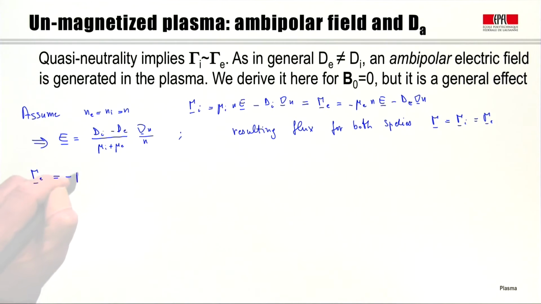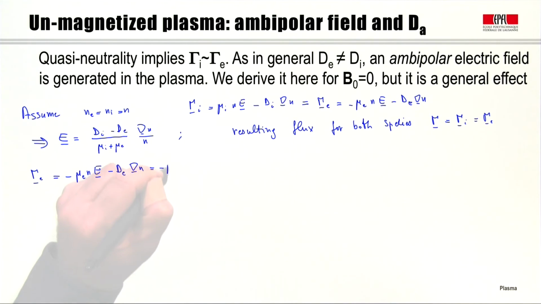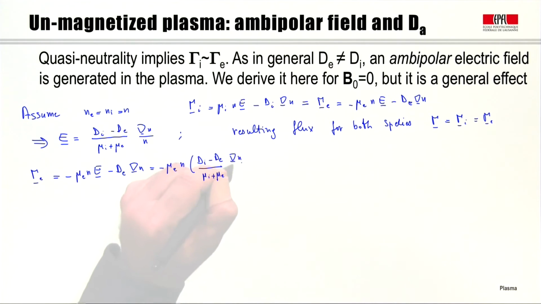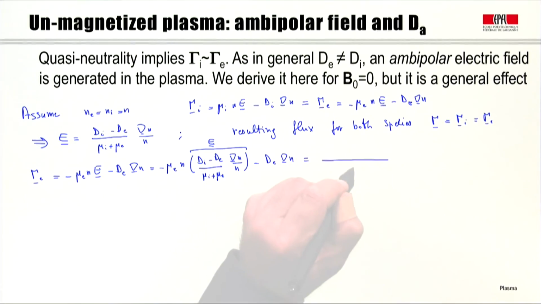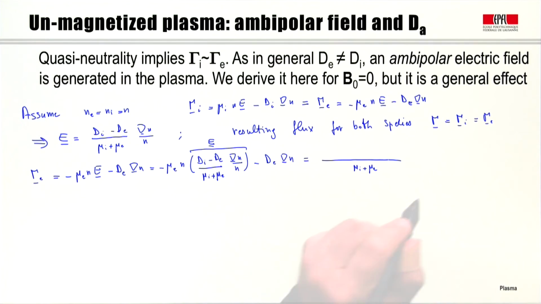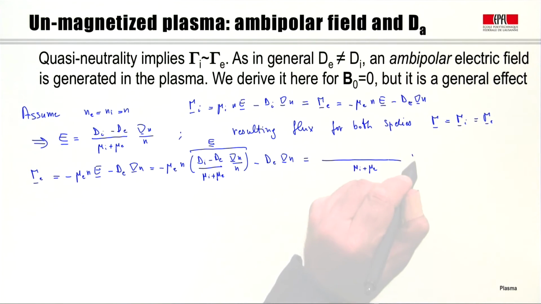So I have minus mu_e N times the electric field minus D_e times the gradient of N. And I replace the value of E that we have just found. This is my electric field, and the diffusion term. And I simply do a simple calculation here. Everything will be multiplied times the gradient of N. So I put that on the right.